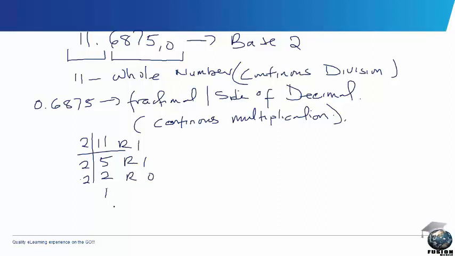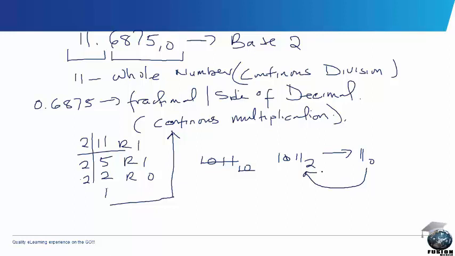Alright, so the whole number side gives us 1 0 1 1 in base 2. Okay, good. When we convert 11 base 10 to base 2, it gives 1 0 1 1 in base 2.